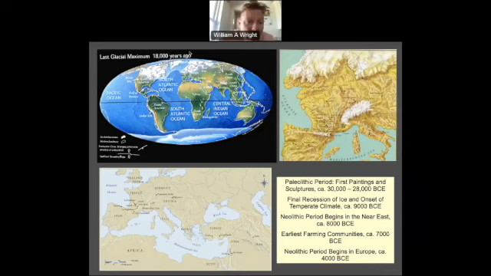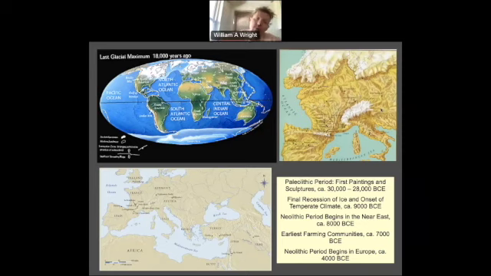Now, at this time, the glacial maximum was actually still growing at 30,000 BCE, and it reached its maximum at about 16,000 to 18,000 BCE.